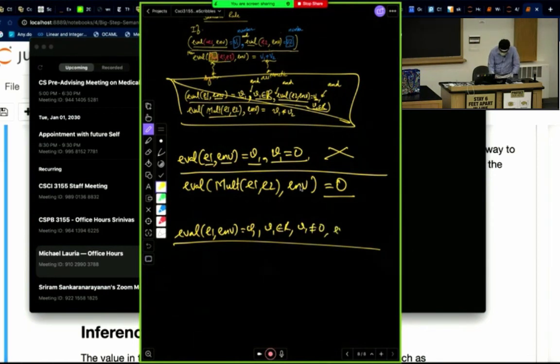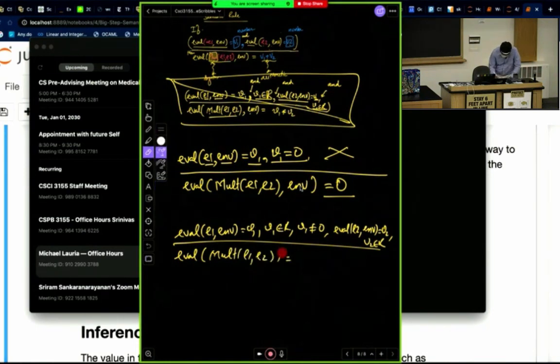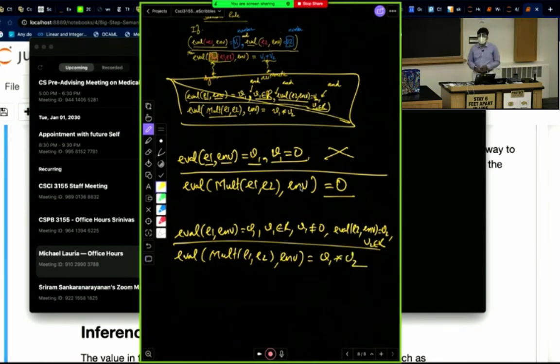Then I have to say eval E2 under the environment is V2, and V2 is a number. So I say all these things. If all of these hold, then eval mult E1, E2 under the environment E and V is V1 times V2. So this is how I would have written the rule.